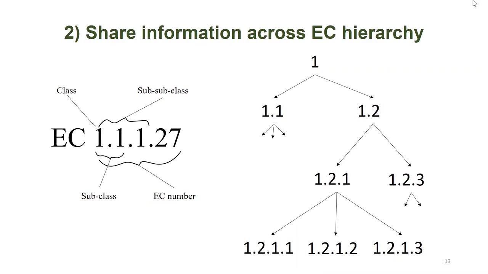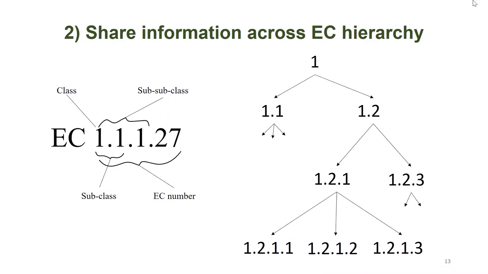There are seven main classes, each representing a broad family of reactions, and every time we add a number, we get more specific until we get to the full enzyme with the four numbers. So effectively, this creates a hierarchy of enzyme function.